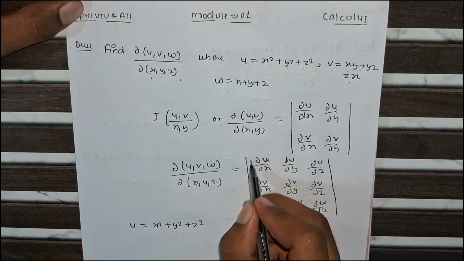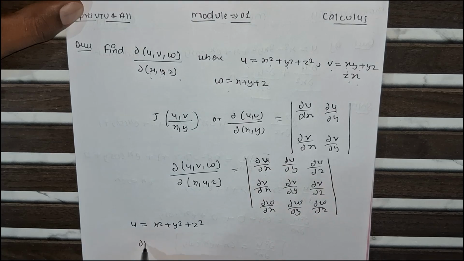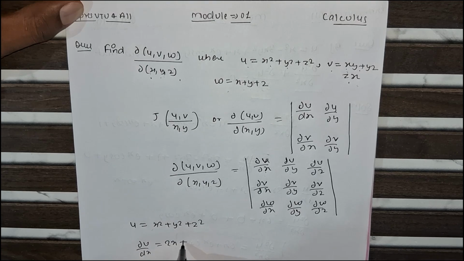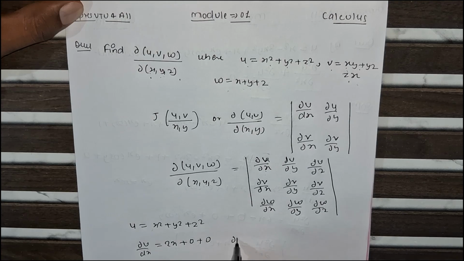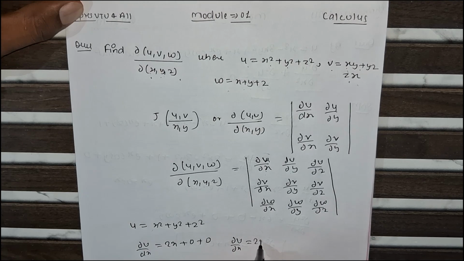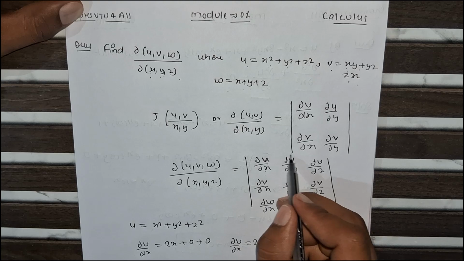So first we find del u by del x, differentiating this u term with respect to x. The differentiation of x square is 2x, here 0 and here 0 because no x term is there. So del u by del x equals 2x. Now solve for del u by del y.